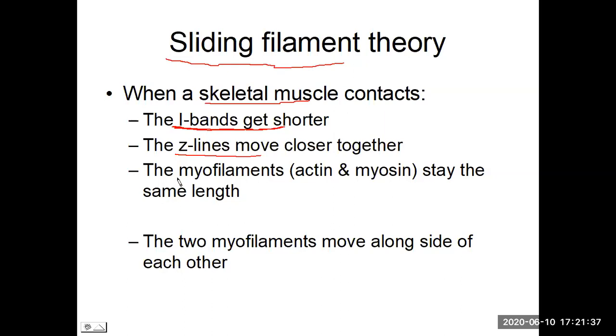However, the thin and thick myofilaments stay the same length. So these elements are not contracting. It's just truly their position relative to one another that is changing. Much more of the thin myofilament is getting pulled into the A band, closer to the M line.